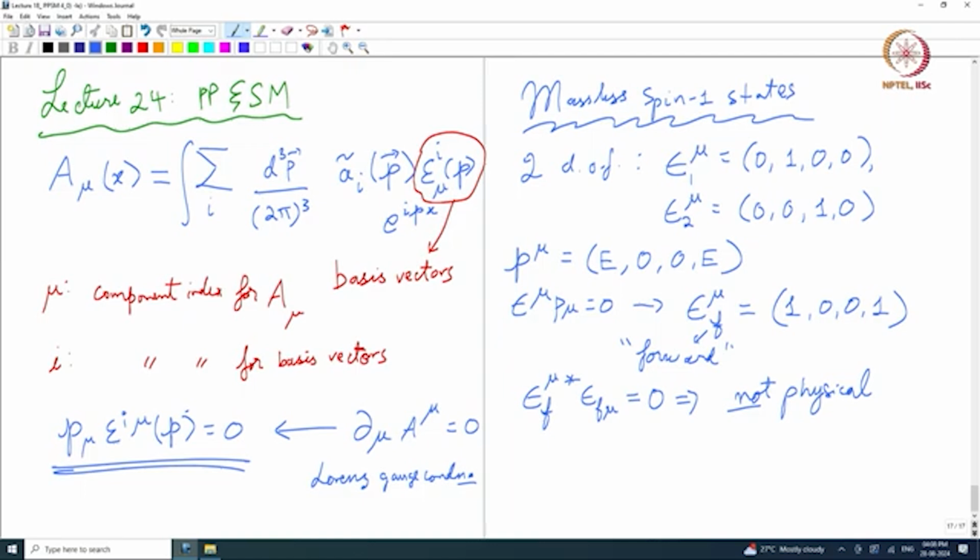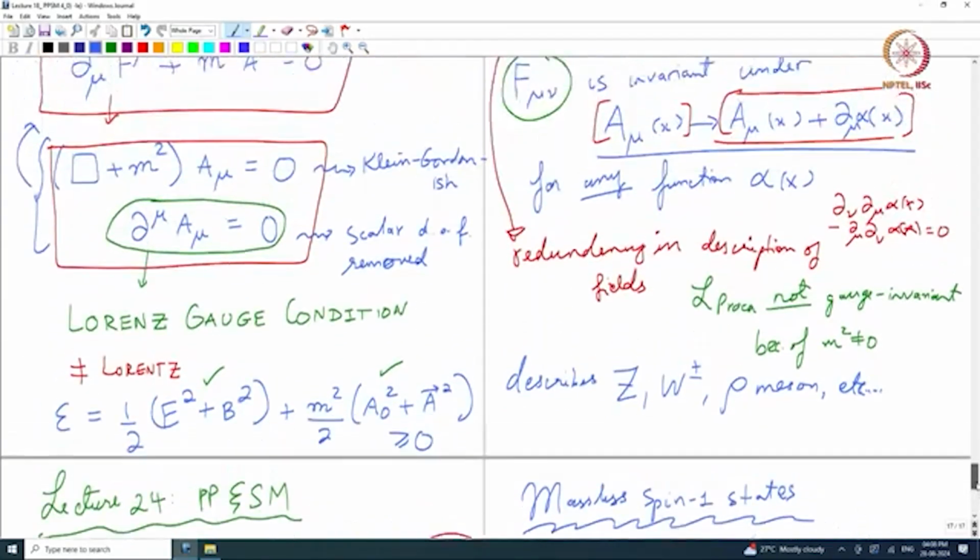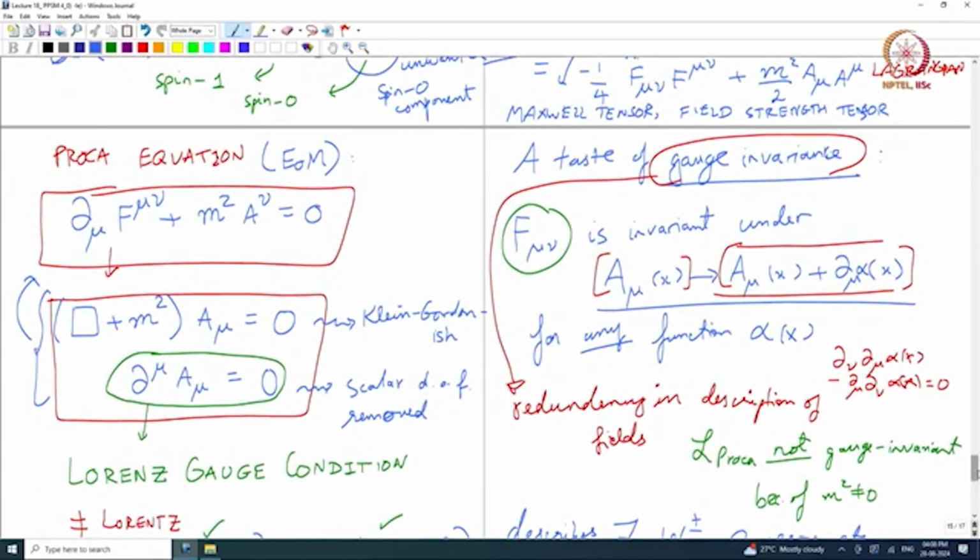There is yet another way to see that this is unphysical. And that is to make use of the gauge invariance that we mentioned in the previous lecture.